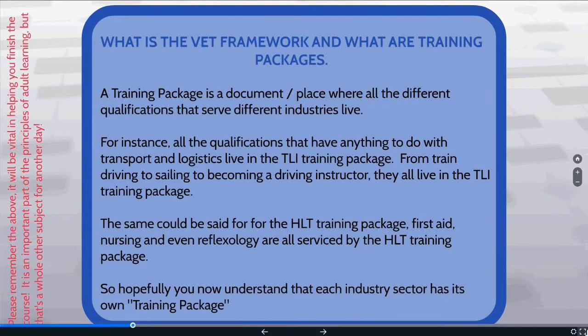But as we progress, it will. It's exactly like I was saying before. You need to remember this information, though. It'll be vital in helping you finish the course. It's an important part of the principles of adult learning, but that's a whole other subject for another day. So just understand that tonight's generic.